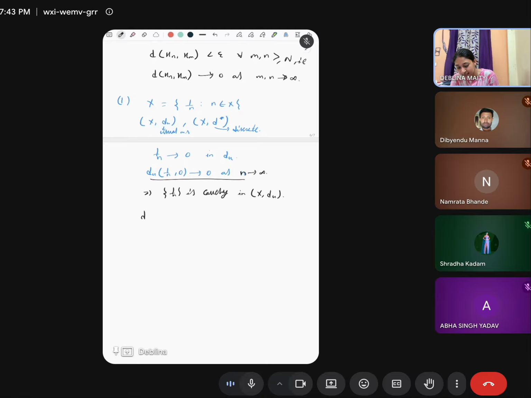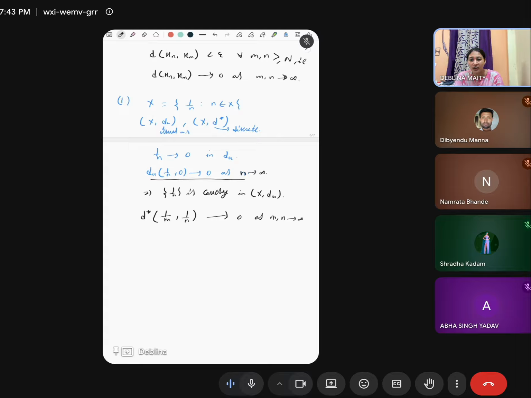Cauchy means what? We have to find if d star of 1/m and 1/n goes to 0 as m, n go to infinity. Now, is it true? So this is not possible, right?